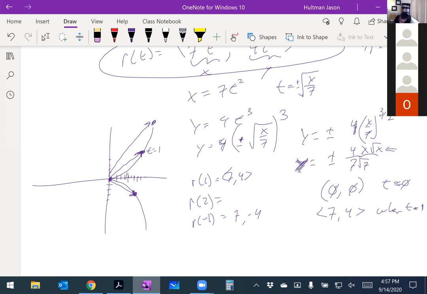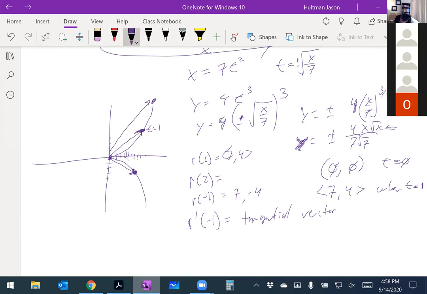Okay, however, we want to know what's happening at r prime of -1, which is the tangential vector. What's happening at r prime of -1? Well, at this point here, what are we doing?